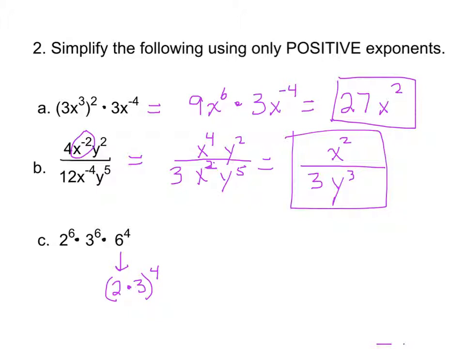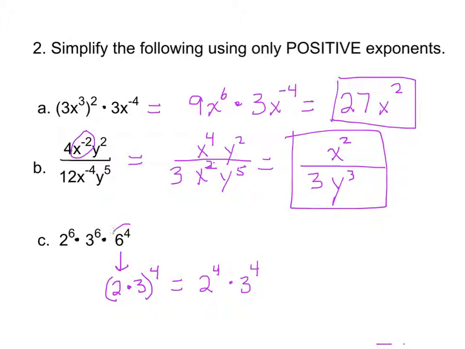Same thing. Now we can, just like we did here, see how we distributed that exponent to the 3 and to the x? We can do the same thing here. So what ends up happening is that equals 2 to the 4th times 3 to the 4th.